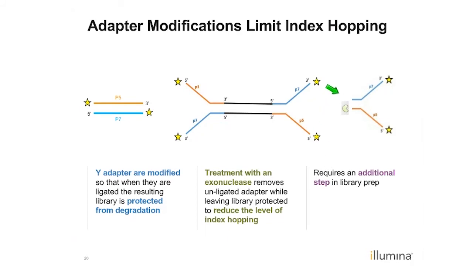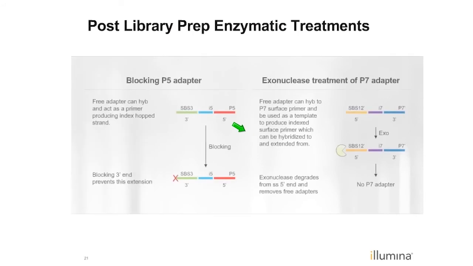We have used, for instance, an enzymatic degradation process to chew up free adapters so that these fully ligated adapters wouldn't be affected. We've also used other types of enzymatic treatment, as shown on the next slide, that is more of a blocking effect, where we block all the free 3' ends, which essentially stops a lot of this hopping from happening due to the free index.